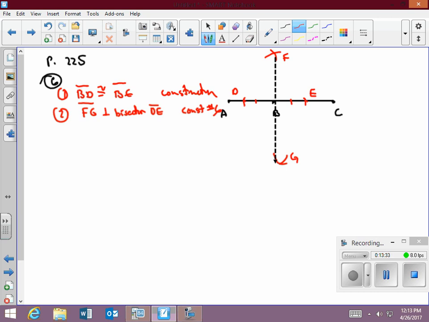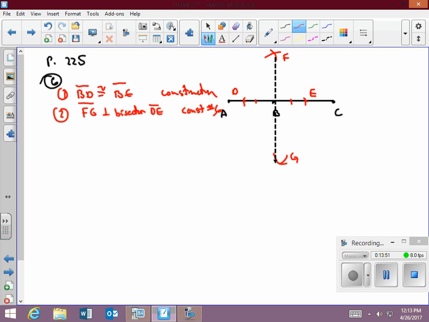And now the direction says draw a line segment AC, label B between the points, use your compass and straightedge to bisect angle ABC.